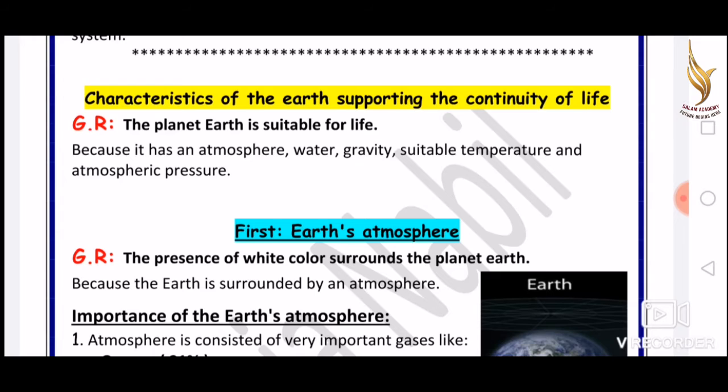It has atmosphere, water, gravity, suitable temperature, and suitable atmospheric pressure. Okay? All these characteristics make planet Earth suitable for life. So the question: planet Earth is suitable for life because it has atmosphere, water, gravity, suitable temperature, and suitable atmospheric pressure.